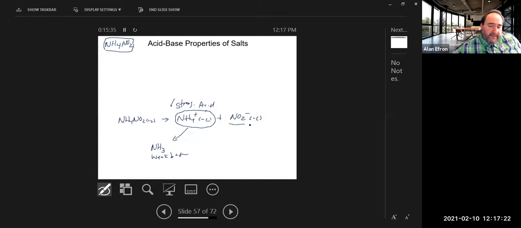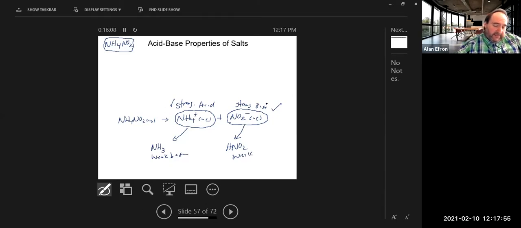NO2 minus probably came from an acid like HNO2, which is not nitric acid, but nitrous acid. That is also a weak acid, which means that this would also be a relatively strong base and would also react with water at the same time. So it is potentially possible that you could get a salt where both parts can continue to react with water and produce either H plus or OH minus.